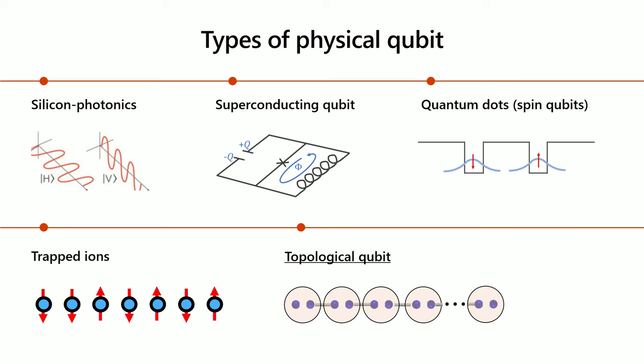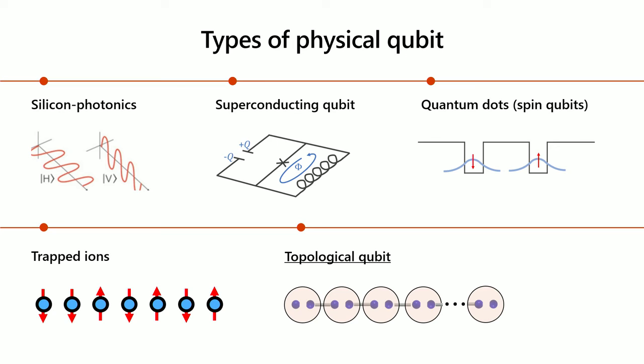There's trapped ions. So this is taking the energy states of atoms, and then trapping them in high field magnetic fields, high energy magnetic fields, or trapping them with lasers. And then there's topological qubit, and that's the one that we're going after.